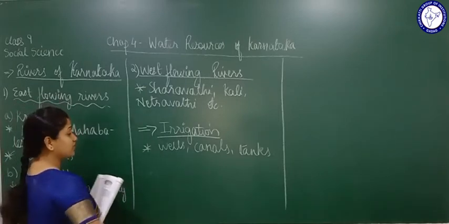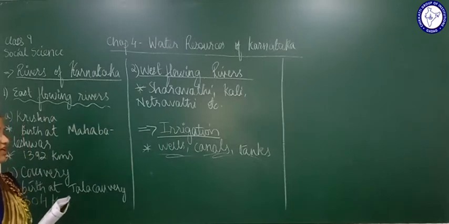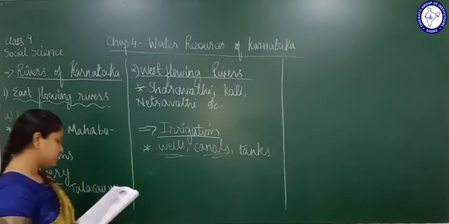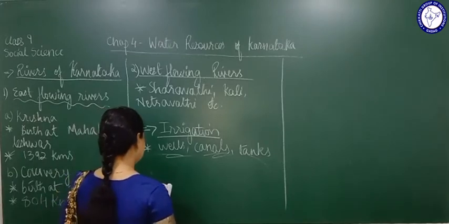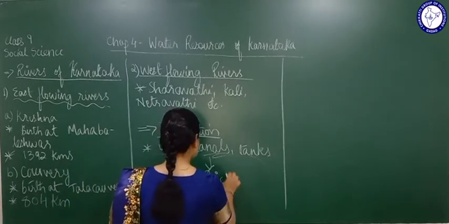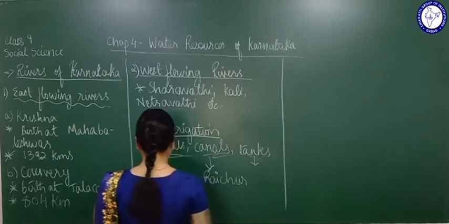So these are the three methods of irrigation. We talked about each in detail, and we talked about the different places which have the maximum of each. For example, we said that Raichur has the maximum of canal system. Okay, tank system is maximum in which place?